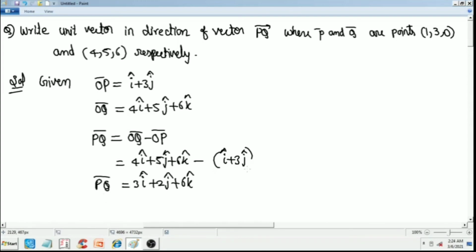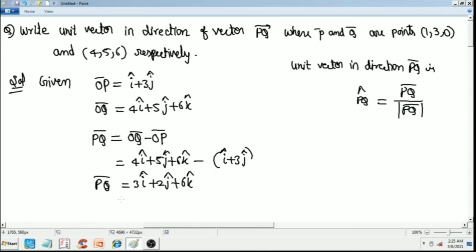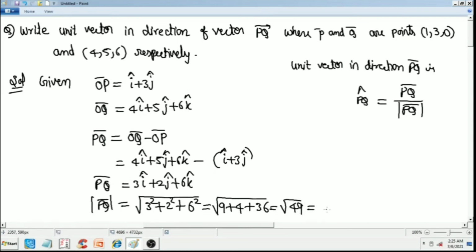Now we need to find a unit vector in the direction of PQ bar. Unit vector in the direction of PQ is PQ vector by PQ modulus. PQ modulus, the magnitude, is root of 3 square plus 2 square plus 6 square: 9, 4, 36, total 49. Root over 49 becomes 7, right?